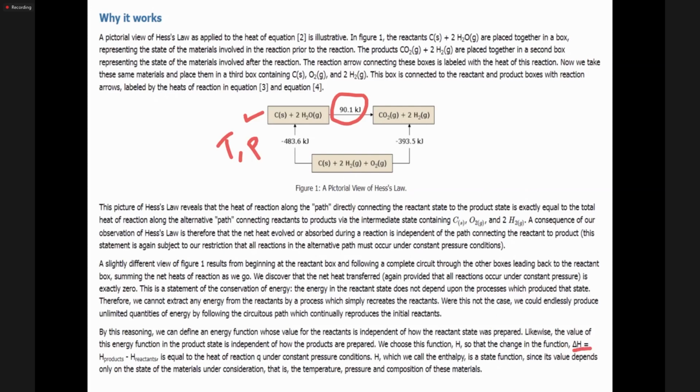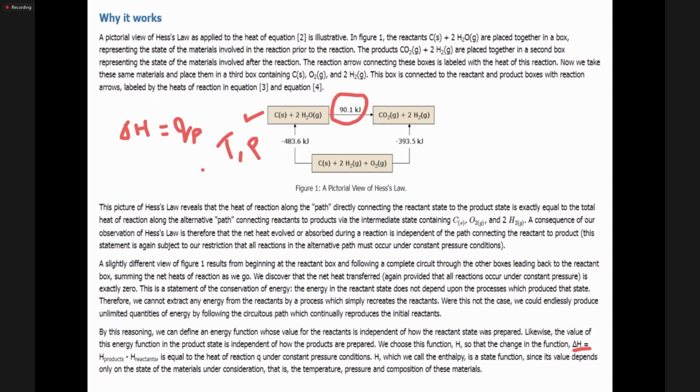If you look at the equation, delta H is equal to H of products minus H of reactants. That is exactly equal to the heat of the reaction, Q under constant pressure condition, which we call enthalpy, because delta H at constant pressure is called QP, that is heat evolved from the reaction or heat absorbed in the reaction at constant pressure.